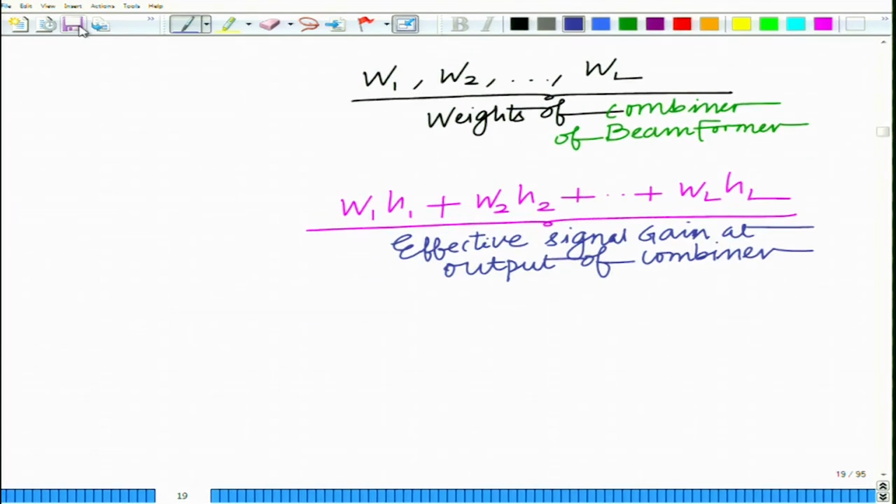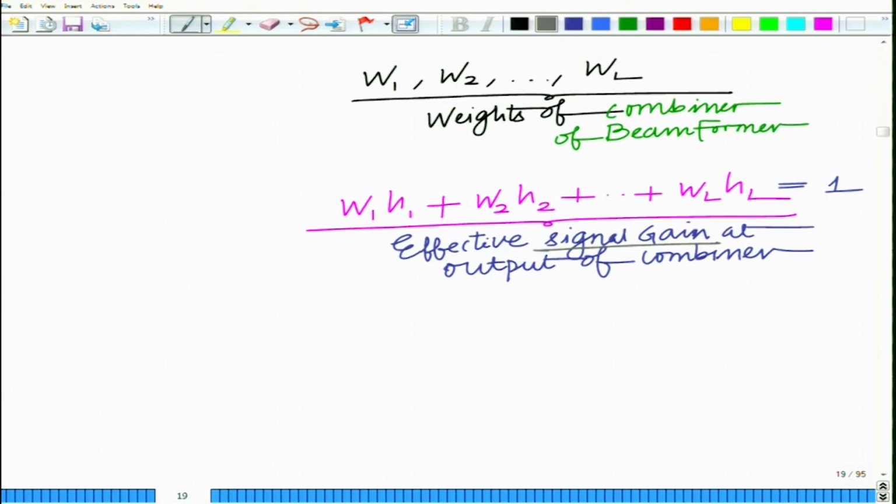To normalize this effective signal gain, we set this equal to 1. That is, we want to design a system such that the effective signal gain at the output of the combiner is unity. So, we would like to design such a combiner.